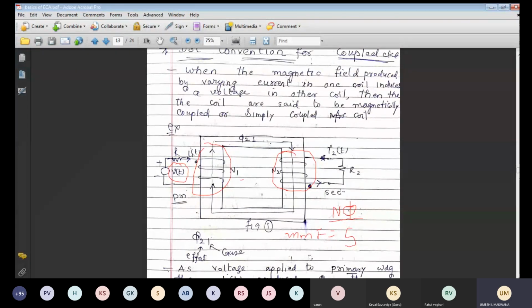So I can find the flux as N phi upon reluctance. Sorry, I have to remove this, I'll make some mistake.